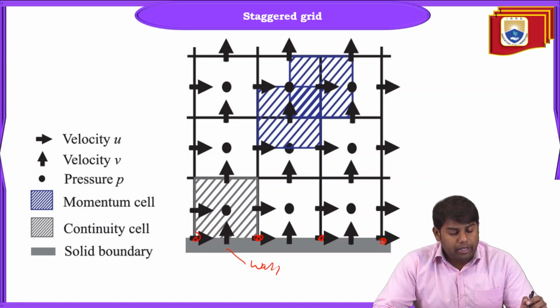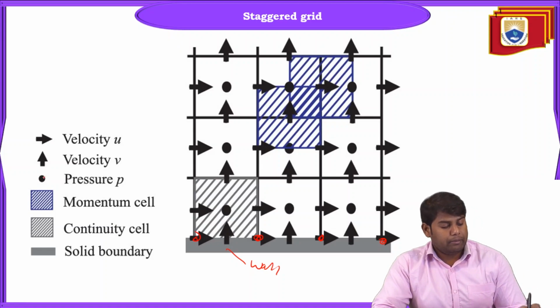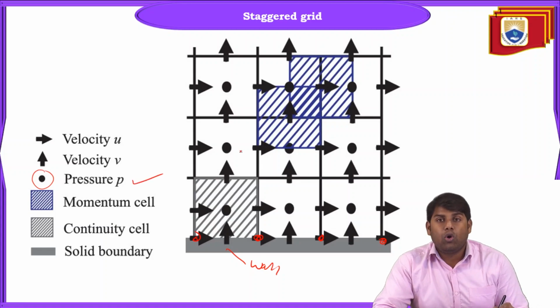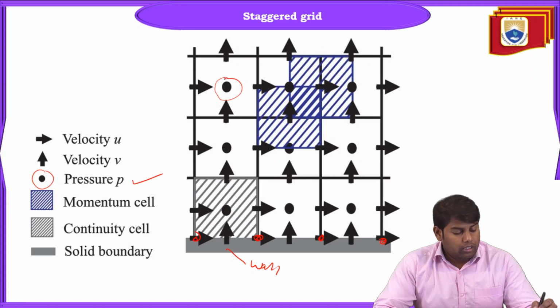Okay. So here you can see that the pressure is stored at the centroid of the cell, density is stored at the centroid of the cell, and the scalar values are stored at the centroid of the cell. So what is the meaning actually?